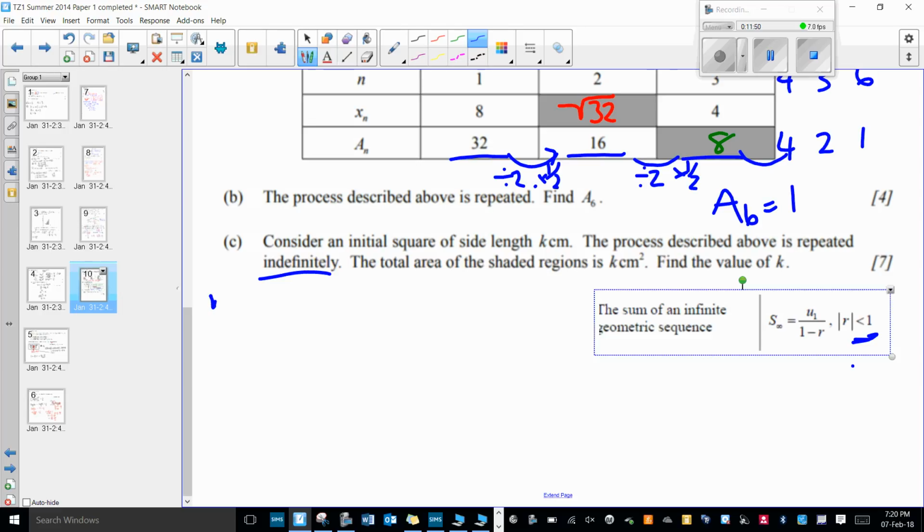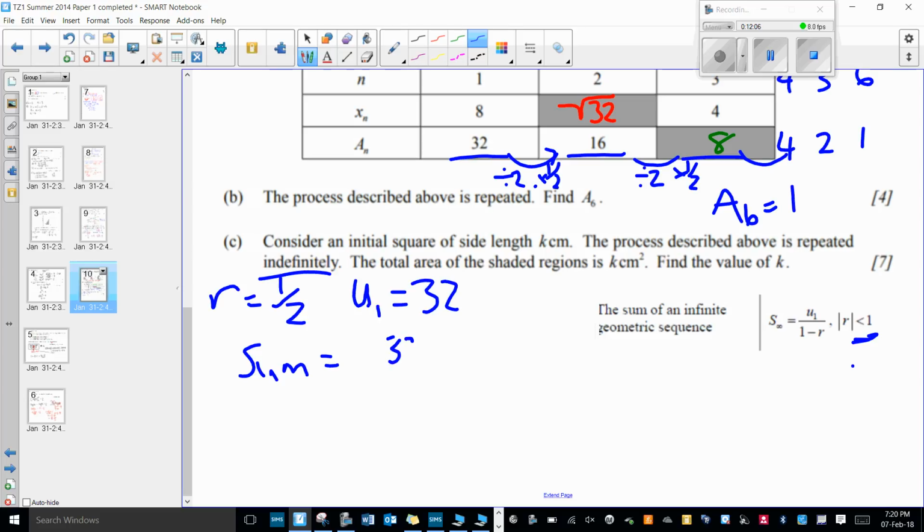The value of u1 is 32. So we're going to say that the sum is going to be 32 over 1 minus a half. 32 divided by half. Same as before, 32 divided by 1/2 means that we're going to do 32 multiplied by 2 over 1, which gives us 64.